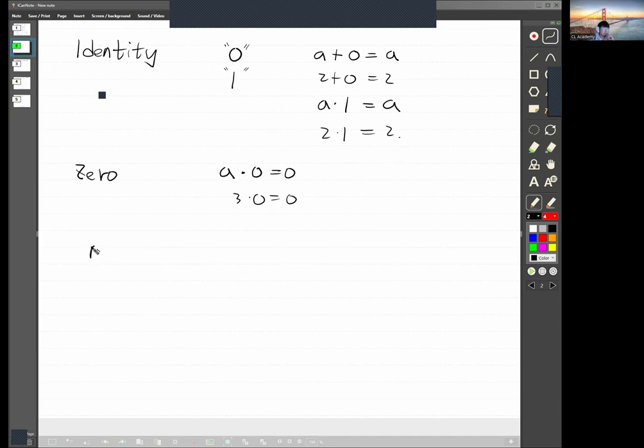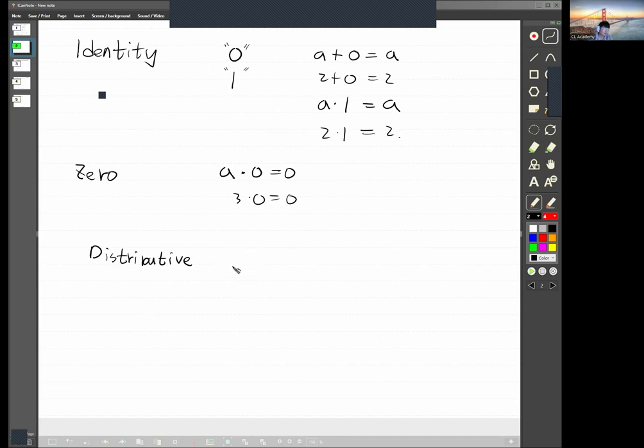The distributive property. The distributive property is when we have a product of a factor and a sum, that is equal to the sum of the products.